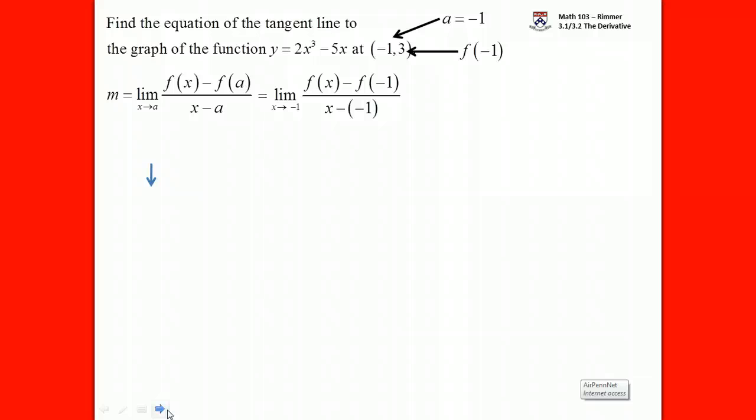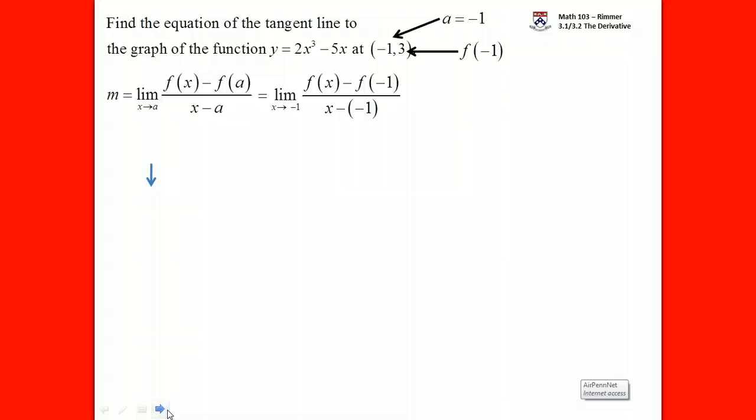And the limit now will be x going towards -1. In the numerator, I have an f of a, so that's going to be f of -1. Denominator, I have an a, so that's going to be x minus -1. Okay. And the other symbol that I have up there is f of x. The entire function f of x would be what would go in that particular spot.